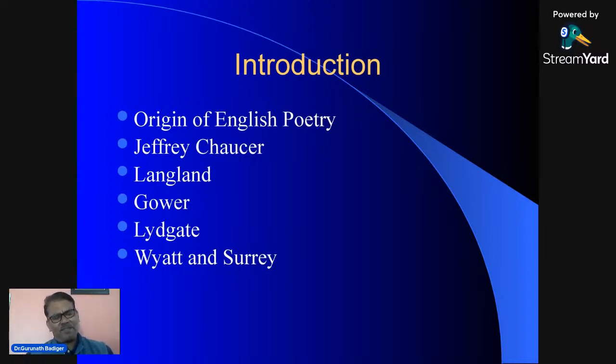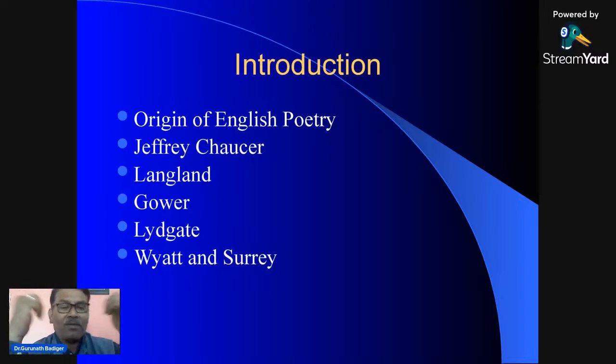The Old English period is between the 7th and 11th century. It was during this time that a lot of oral poetry was available, and it is in the 14th century that we see the rise of formal poetry. That is the significant thing.